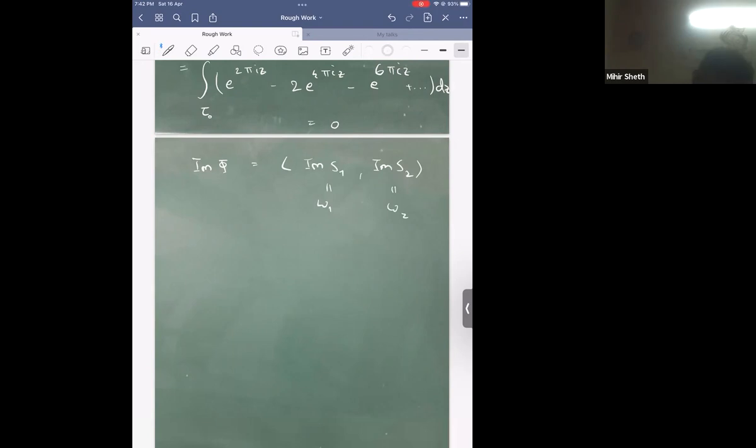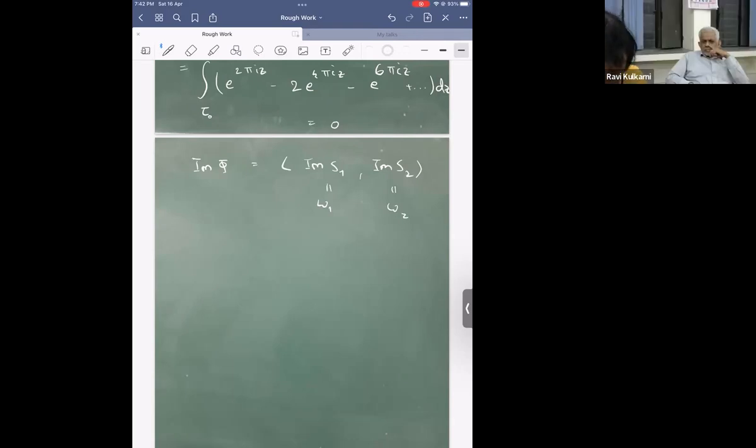The book claims that these two images, let's call them omega 1, omega 2, are linearly independent in C, and therefore the group generated by them is a lattice.